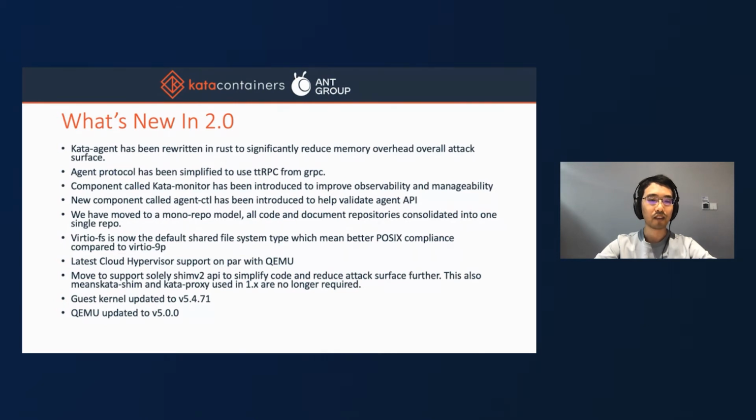We also updated the guest kernel to the latest stable at the moment of the release, that is 5.4.71. And we updated QEMU to version 5, because at that time version 5.1 had a bug that prevented us from using vsock, so we used version 5.